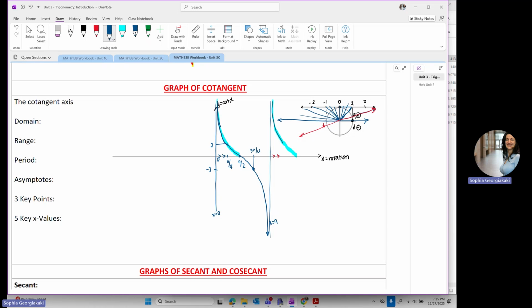So I will get to the cotangent equal to 1 when I'm here at 225, because then I will have a reference angle of 45 degrees in quadrant 1. When my rotation is 270 degrees, I will hit 0 for my cotangent. So at 3 pi over 2, I will have 0 for my cotangent.